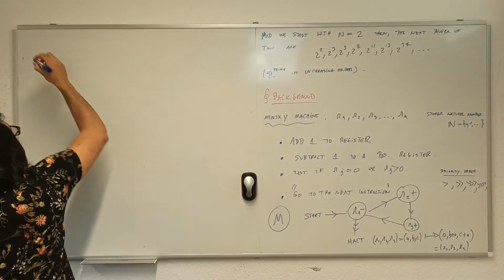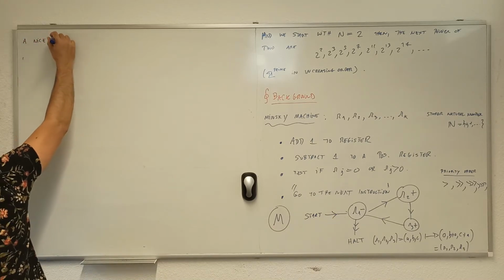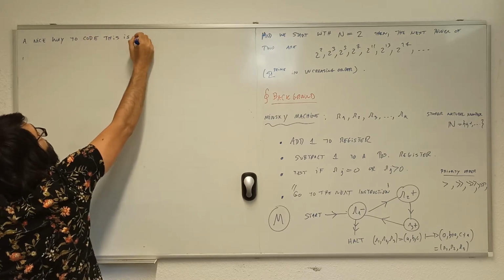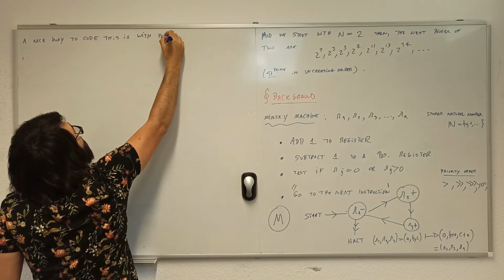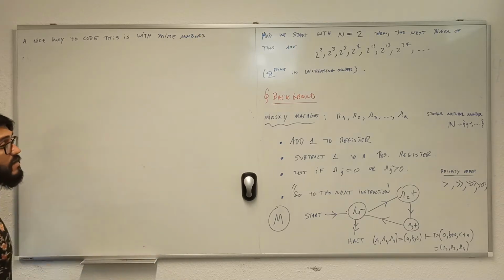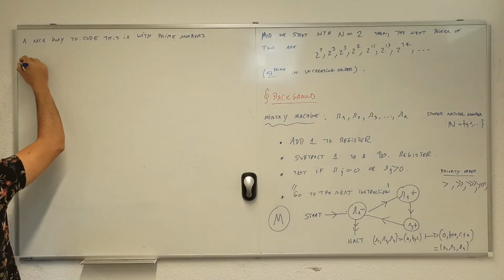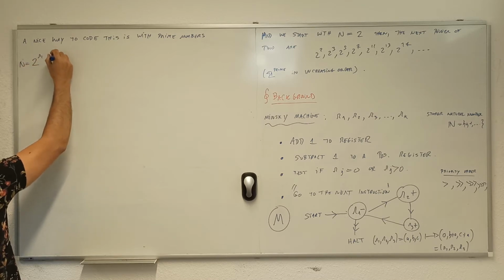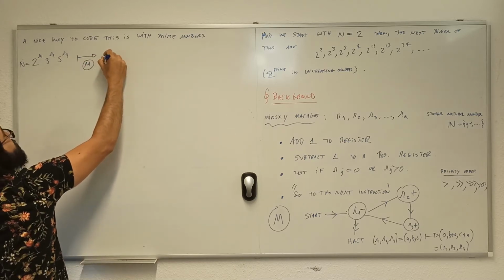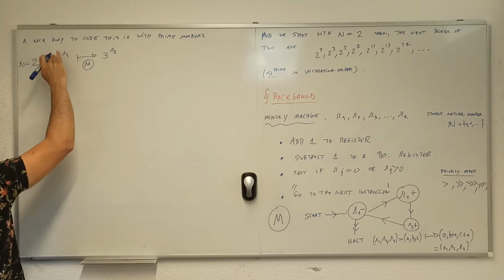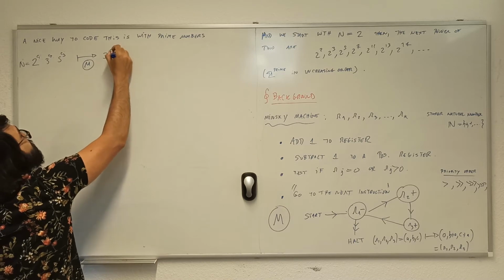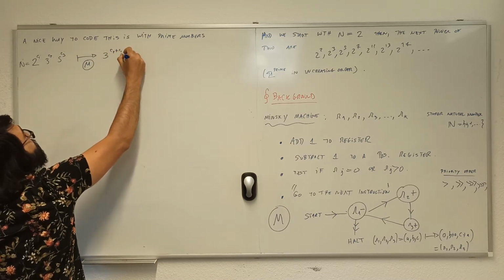So a nice way to encode this is with prime numbers. Okay, so my machine M, what it's doing is simply mapping everything to, I don't want to use the same symbols for the rest, so let's say C1, C2, and C3, and then it's just doing this: 2^C1 · 3^C2 · 5^C3 mapped to 3^(C2+C1) · 5^(C3+C1).